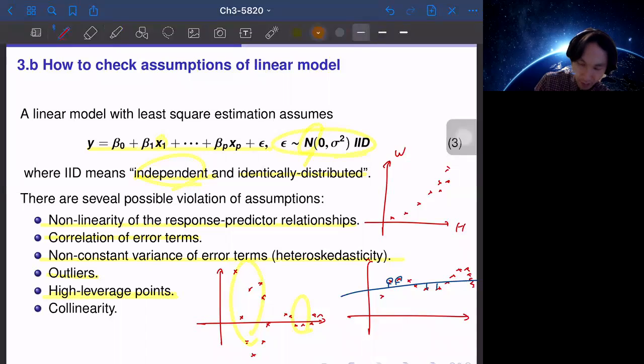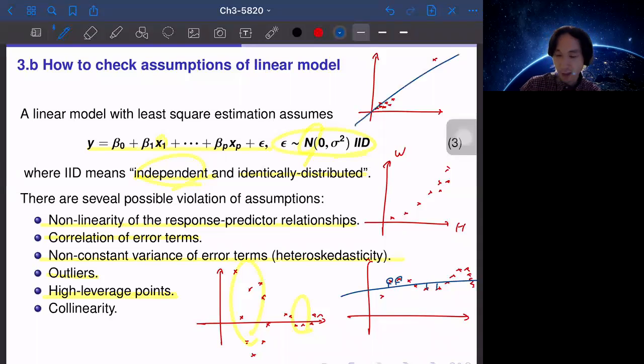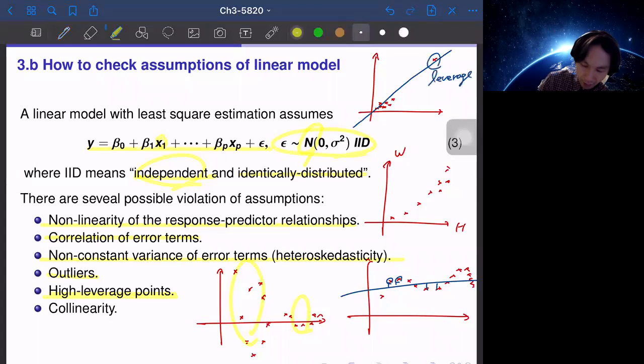High leverage points, typically we have several observations here, but with one observation here, almost this observation determines the regression line, probably like this. So high leverage points, and also the collinearity.